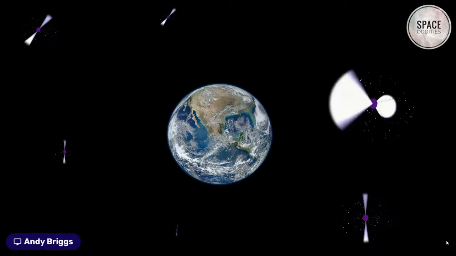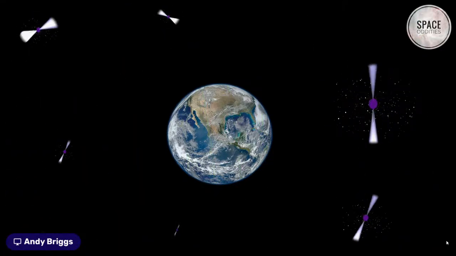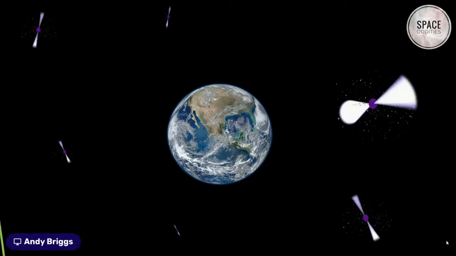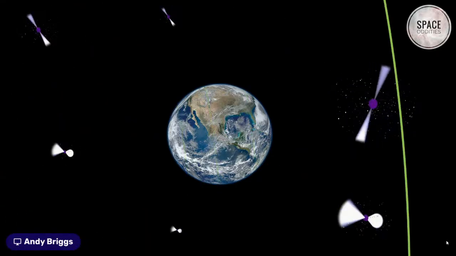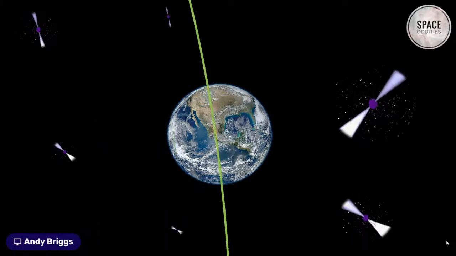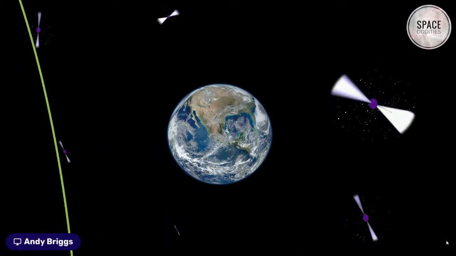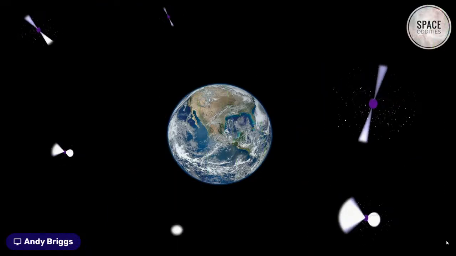What happens is that a gravitational wave passes through the universe, and this has the effect of delaying or advancing the time at which the signals from these pulsars actually arrive.